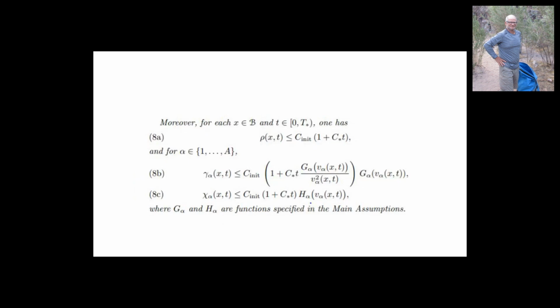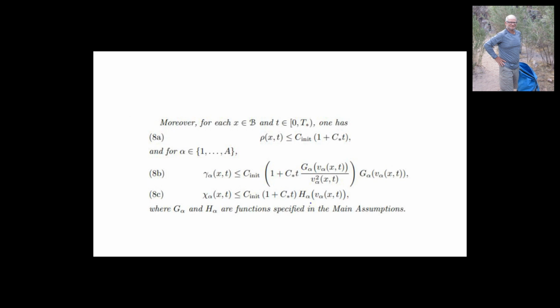Also, part of this technical version of the theorem is that if we look at every point on the base manifold, and we look at the time in the time interval of existence, one has these controls on all these curvature control functions. So we can show that rho is bounded above by the C initial plus something linear in time.